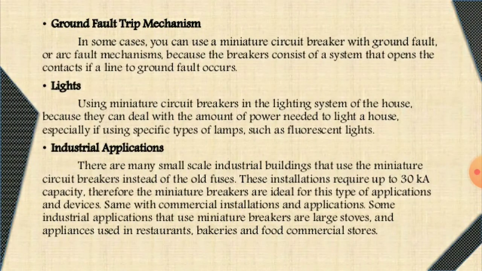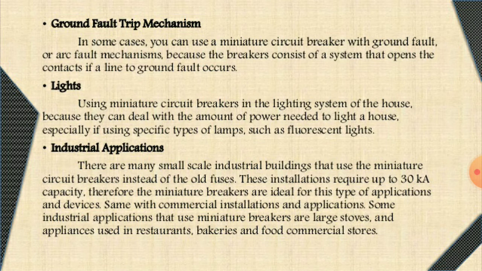So what will be the advantages of this MCB? The first advantage is that it operates very fast. Within 5 milliseconds it will trip the circuit and disconnect the healthy and faulty part. So that is the fastest speed. And the second advantage is that it can be automatically switched off under overload conditions and short circuit conditions. It gets automatically switched off.